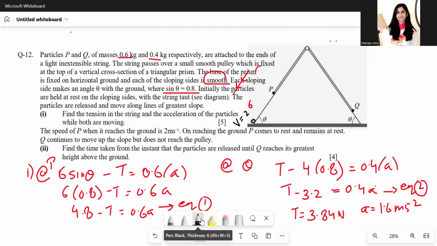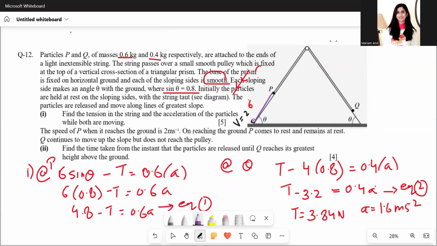So as P reaches the ground here and its speed becomes 2, the same will happen with Q. Q will move the same distance upwards and its speed will become 2. So let's say this would be 2 and its initial speed was 0. And we know the acceleration for both the particles is 1.6 meters per second squared. Similarly here, U is 0, V is 2, and acceleration is the same, 1.6.